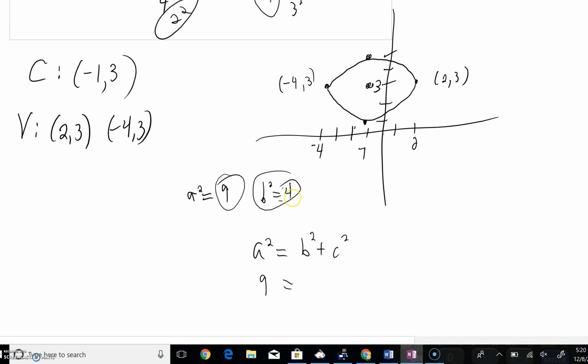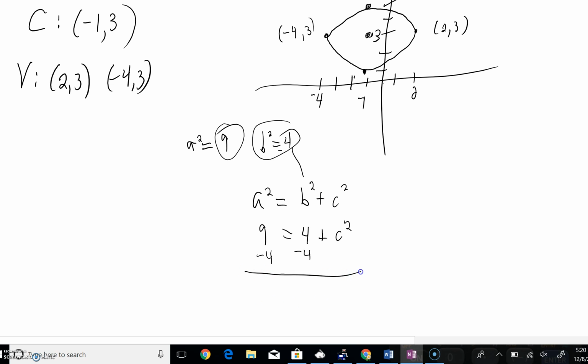B squared, that whole thing is a 4. And you can subtract a 4 from both sides, and you'll get c squared is equal to 5. Take your square roots, and you'd get c is equal to radical 5. That's your focal distance.